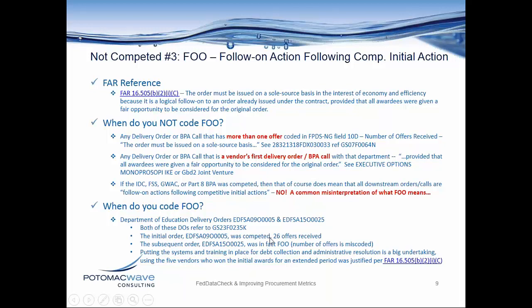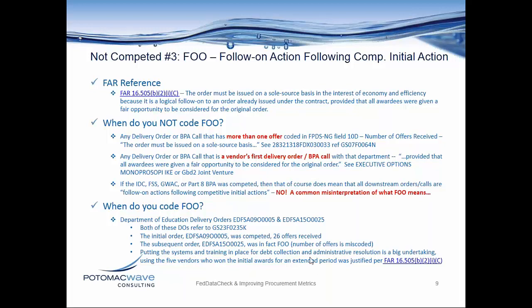Okay, I did talk to someone. Department of Education has made a significant number of awards, some of their large awards are currently follow-on actions following competitive initial actions. If anyone here is from Education who's familiar with these, I did talk to them.